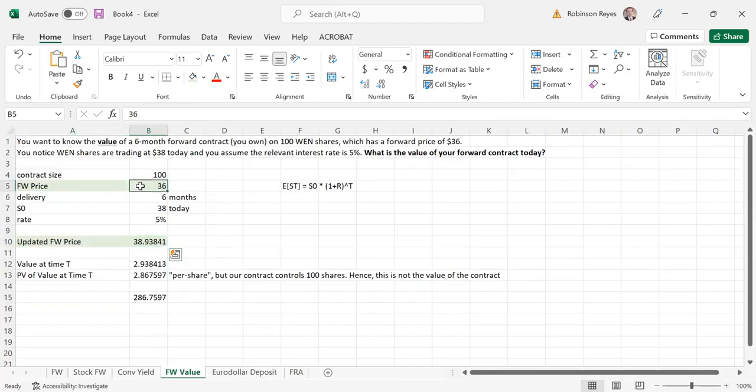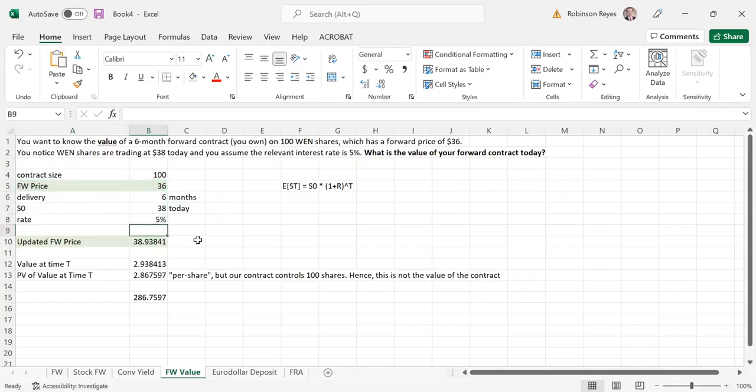And keep in mind, you already bought a forward contract at 36. This means that by the time we get to the delivery date, you will be able to sell the asset, Wendy's shares, at 38.93, but you will be able to buy these shares at 36.